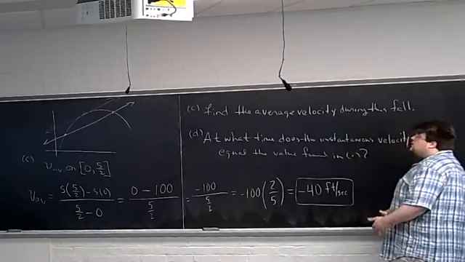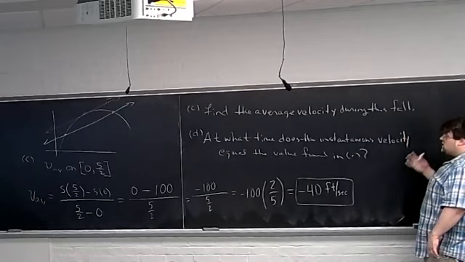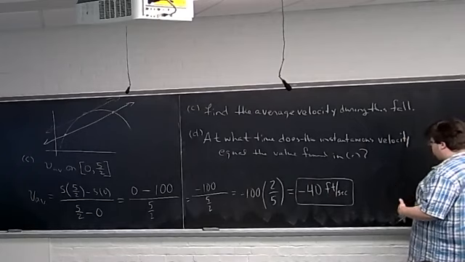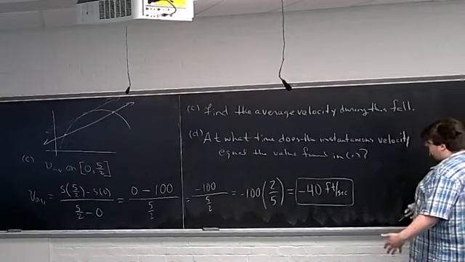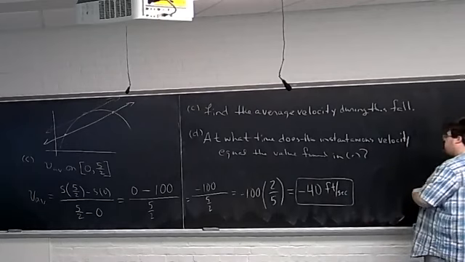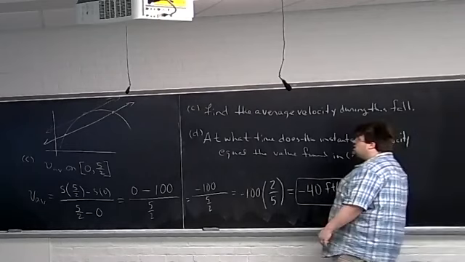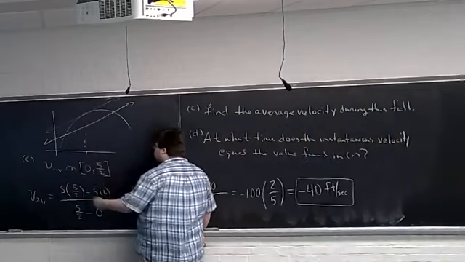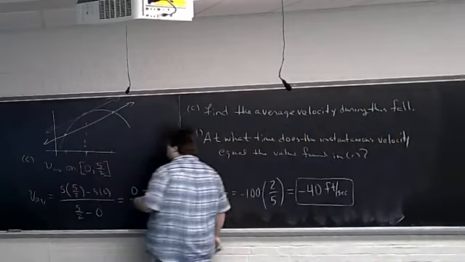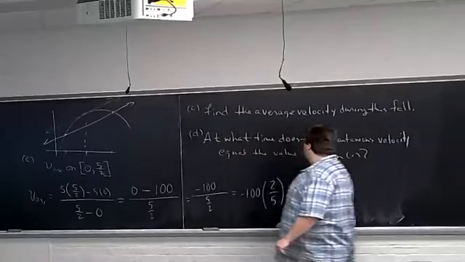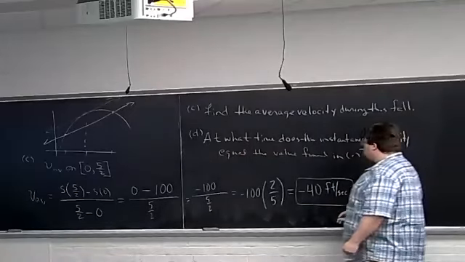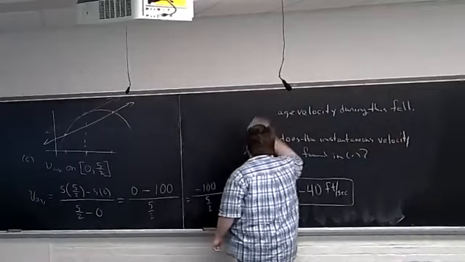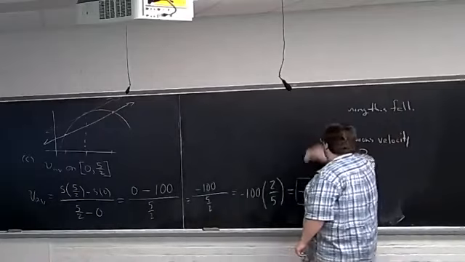And part D is really asking at what time is the mean value theorem verified on that time interval. And we are going to see in part D that this value does occur between 0 and 5 halves. So at what time does the instantaneous velocity equal -40? Well, we need to set our velocity function equal to -40.